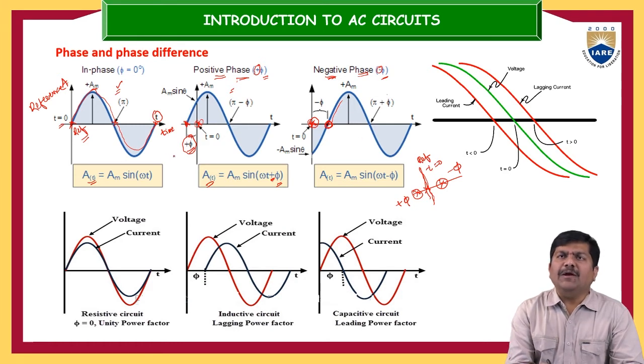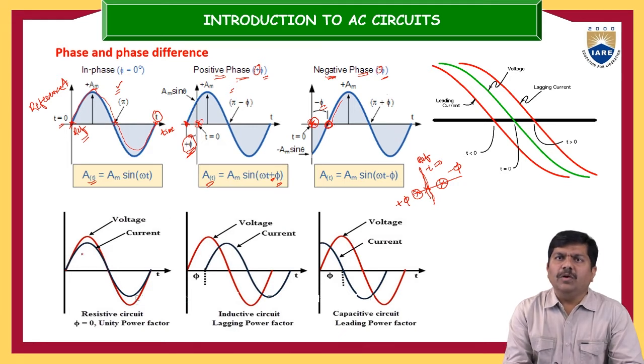That's why we have depicted this by taking three different sinusoidal waveforms originating at different instants. In the first one, it is originating at the reference point, t is equal to 0. In the second case, not at t is equal to 0, it is advanced by angle pi. And in the third one, it is lagging by some angle, that is minus pi.